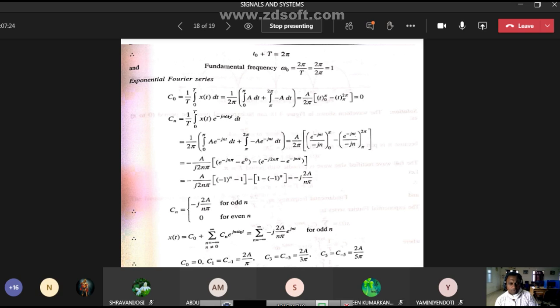Now if you want you can calculate c0, c1 is equal to c minus 1, c3 is equal to c minus 3, c5 is equal to c minus 5. Observe that the terms 2, 4 are not there, because even terms become zero. Only those terms are there. If you write c1 or c minus 1 you will get the same function. If you put 1 instead of n, you get minus ja by pi e power jt.